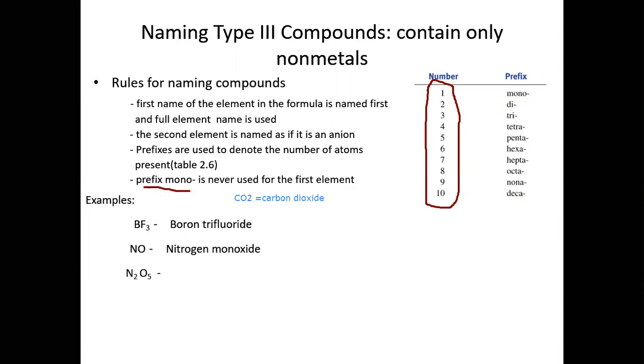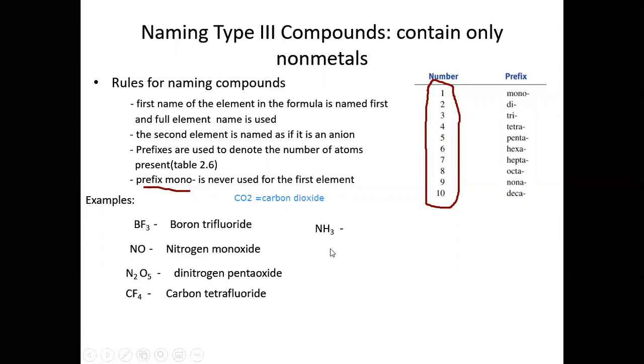N2O5, we have 2 nitrogen and 5 oxygen. So 2 means di, 5 means penta. And we have dinitrogen. And you can either say pentaoxide or pentoxide is fine. You can drop the A since it starts with a vowel. So you can say dinitrogen pentaoxide or dinitrogen pentoxide. CF4, 1 carbon and 4 fluorines. This would be carbon tetrafluoride.